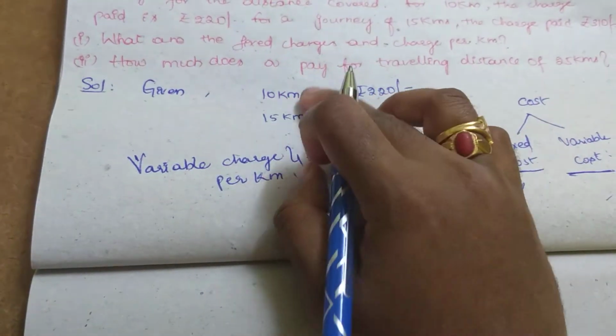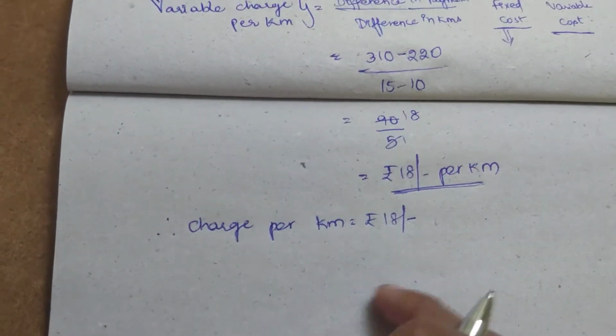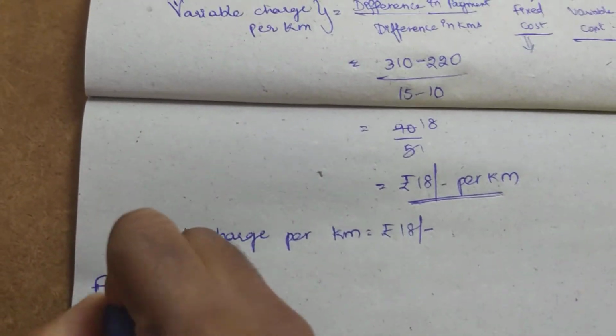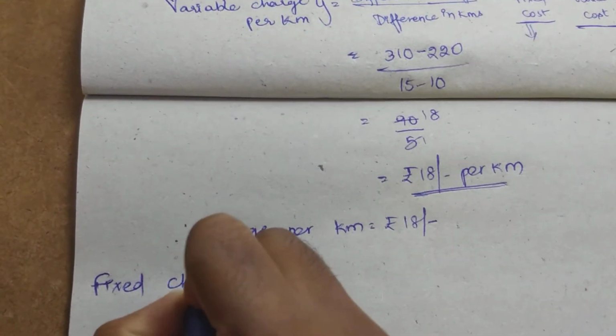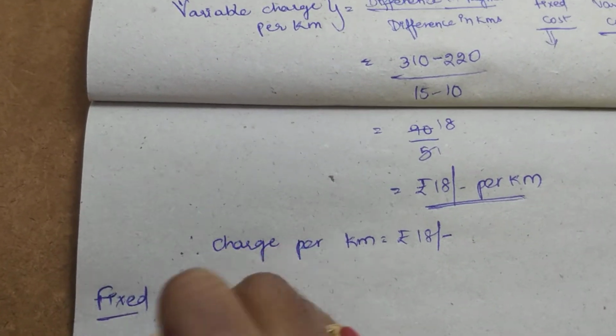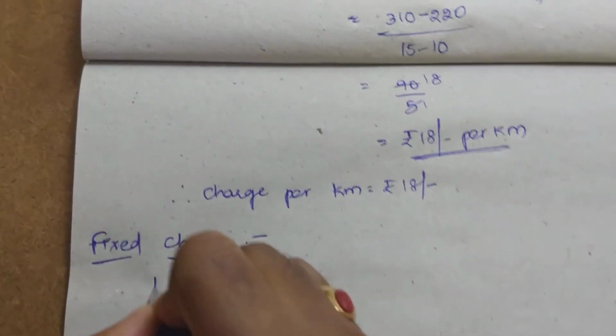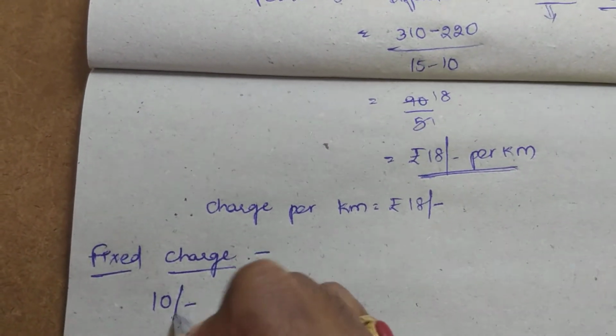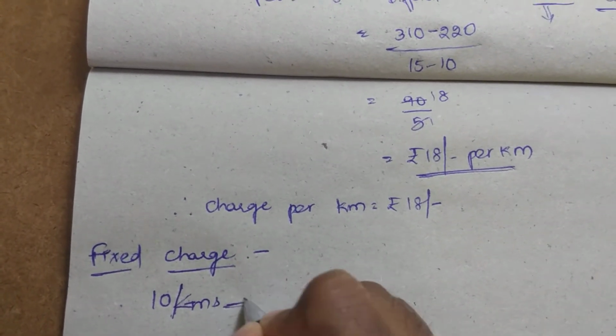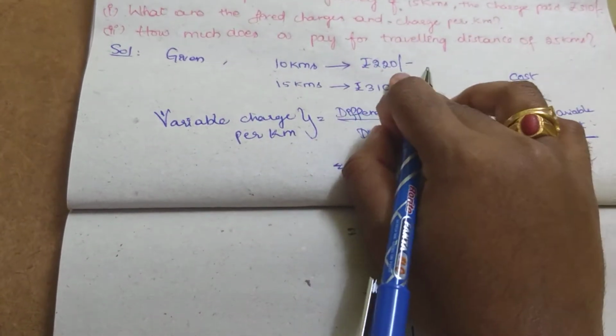So what are the fixed charges they have asked? For 10 kilometers, let us find out the fixed charge. For 10 kilometers, how much have they charged? 220 rupees.